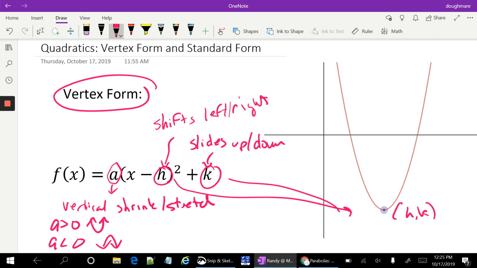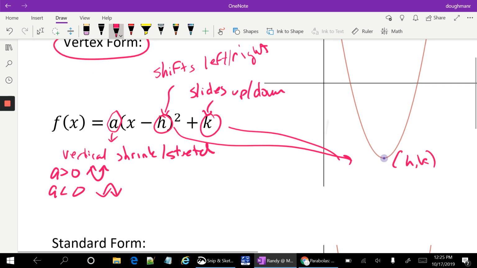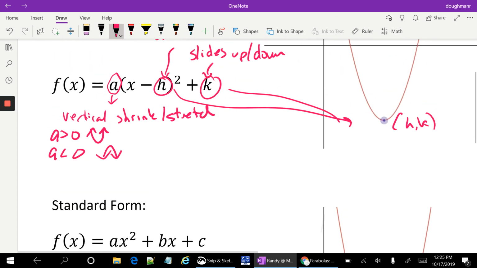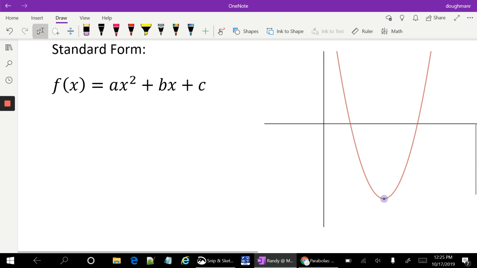All right. So now let's look at this standard form. How does that compare? So that's vertex form, here's standard form. And what does the standard form give us? If we put the equation, and we can manipulate any equation to make it look like this. I hope very quickly you can see that if a is greater than 0, the graph is going to go up. a is less than 0, the parabola opens down.